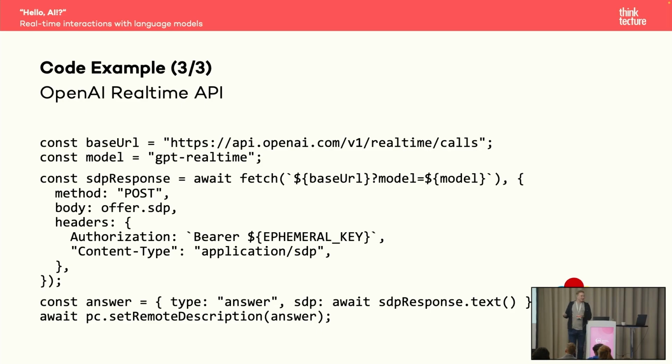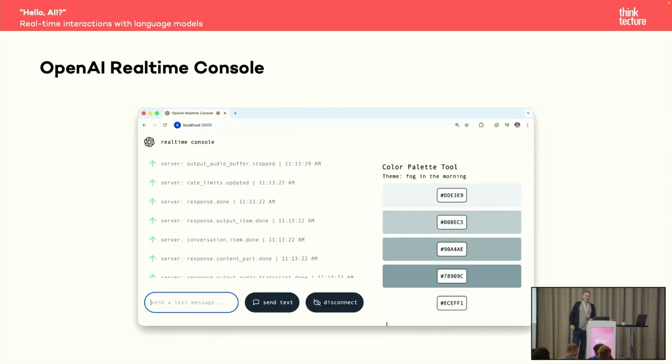Okay, so let's have a look at one of the demo applications by OpenAI. That is this one here, the OpenAI real-time console, because it shows also the messages that go back and forth. And it has a little demo built in. It has a tool, the color palette tool. You can ask it to create color palettes for us, right? So if you need inspiration for your color theme or color scheme of your app, you can ask this thingy.